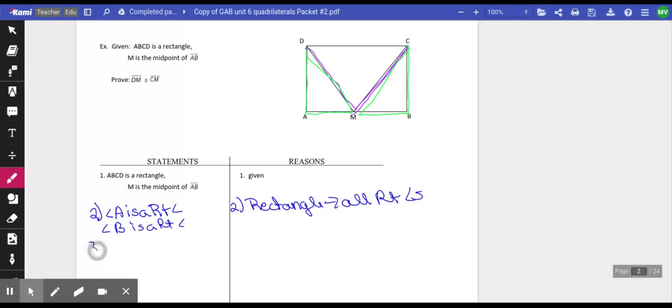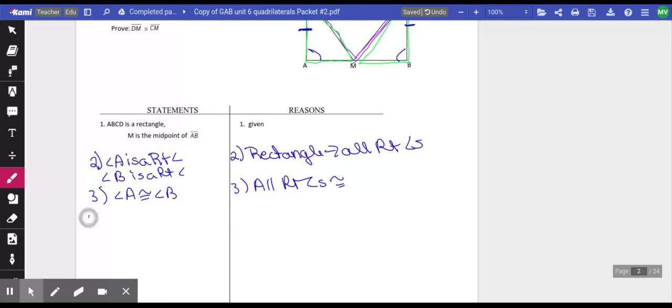And then since we know that angle A is congruent to angle B, all right angles are congruent. Next, again, because I know ABCD is a rectangle, I can say that AD is congruent to CB. Opposite sides of a rectangle are congruent.